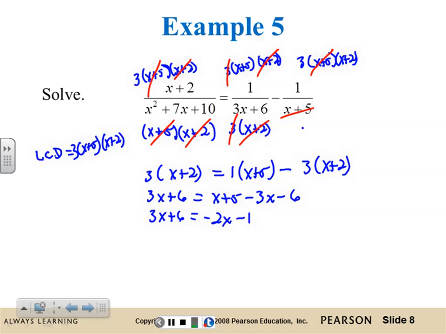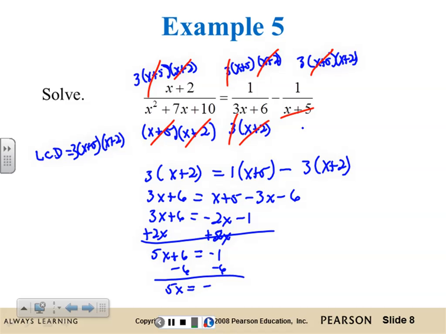Now our like terms are on opposite sides, so let's go plus 2x and plus 2x. So the 5x is going to go over here. And then let's subtract 6, and so we'll have 5x is equal to negative 7. Divide both sides by 5, and we get x is equal to negative 7/5.